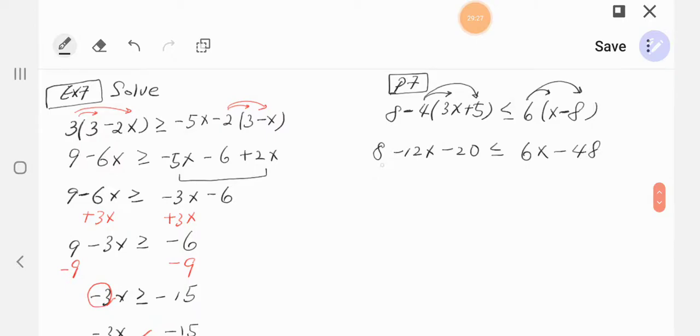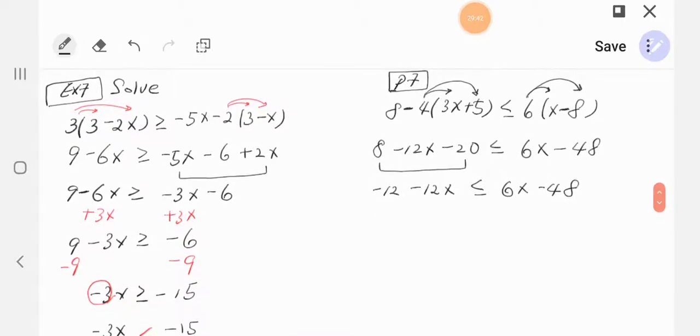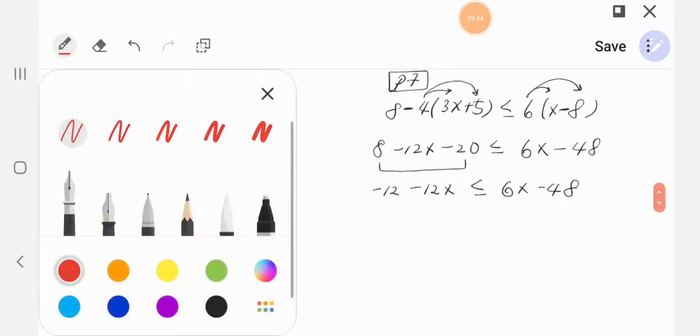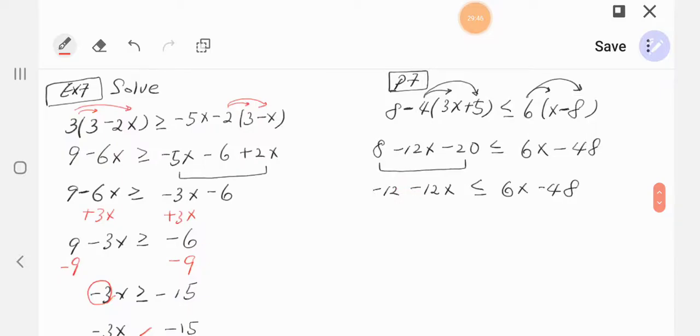Okay, and then simplify each side. So we can combine these two numbers. So 8 minus 12 is negative 12, minus 12x is less than or equal to 6x minus 48. Okay, because the x terms are separated, move 6x to the left. Get rid of 6x from the right-hand side of the inequality.